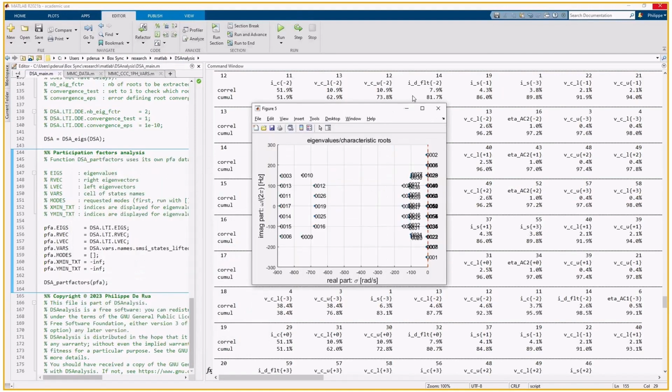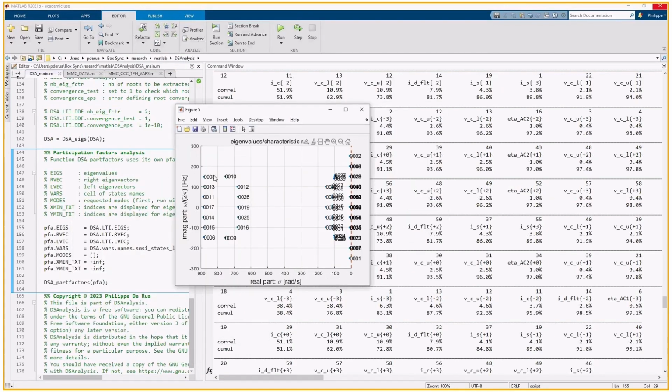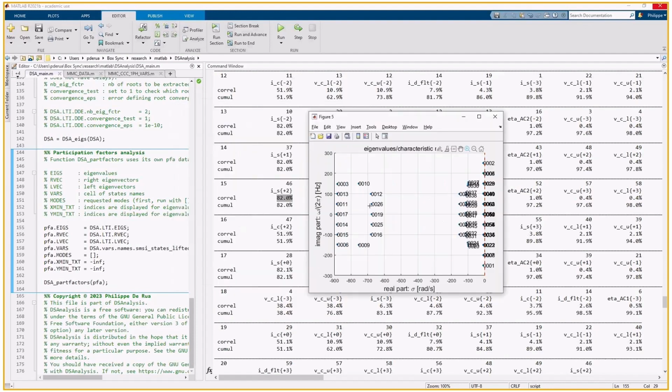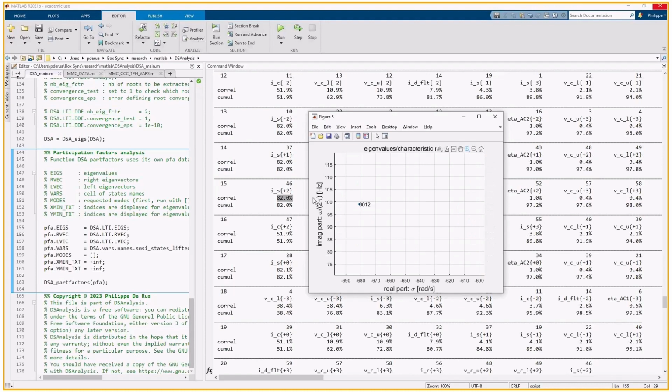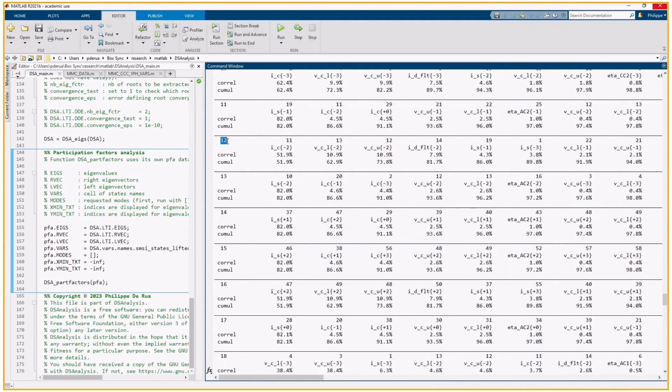Now, if I look at this plot, I see that all the modes have a value. Let's say we are interested in mode 12, well, naturally, we know where to find it. Here's the one.